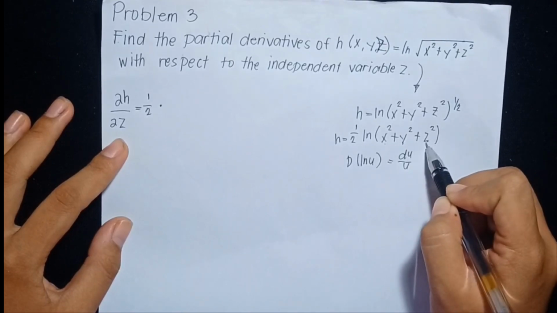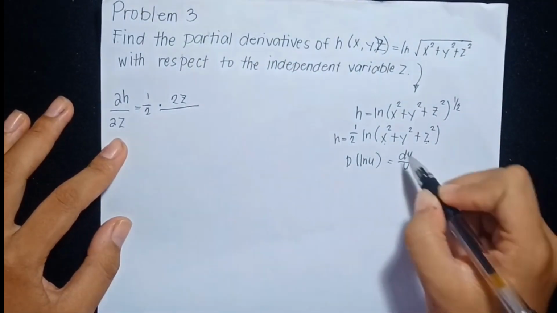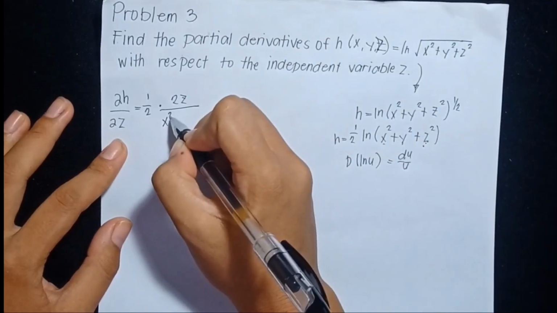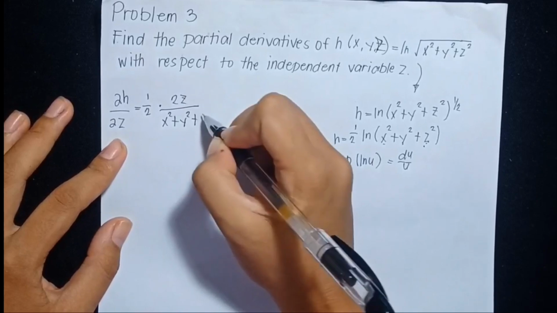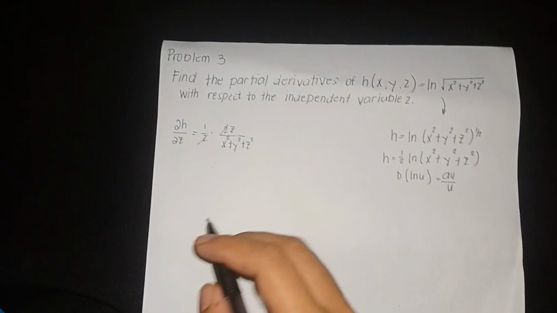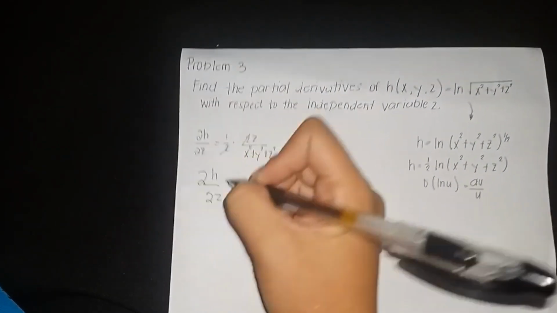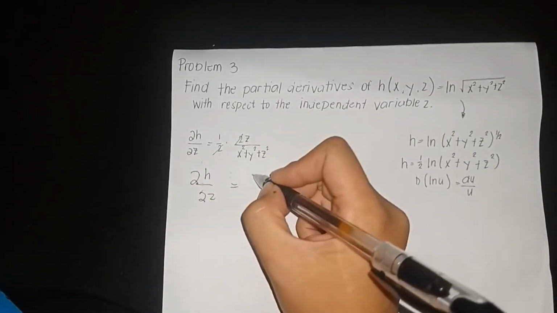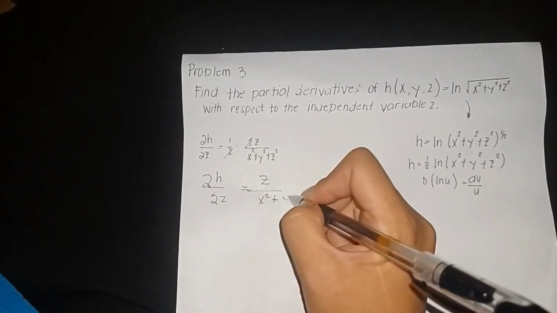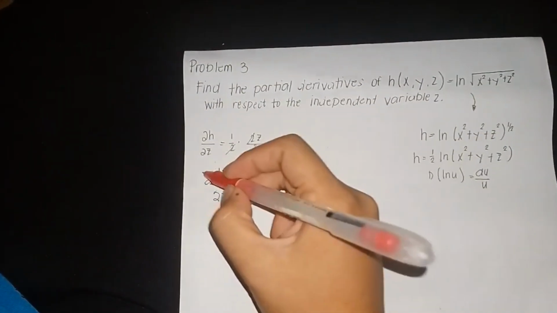So the derivative of z squared would be 2z over u, where u is x squared plus y squared plus z squared. After that, we will cancel the 2. Then the partial derivative of h with respect to z is equal to 1 times z, which equals z over x squared plus y squared plus z squared. So this is our final answer.